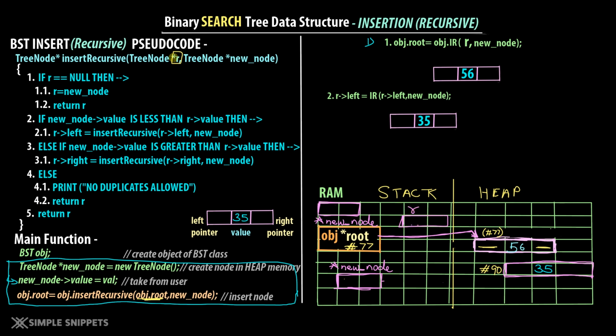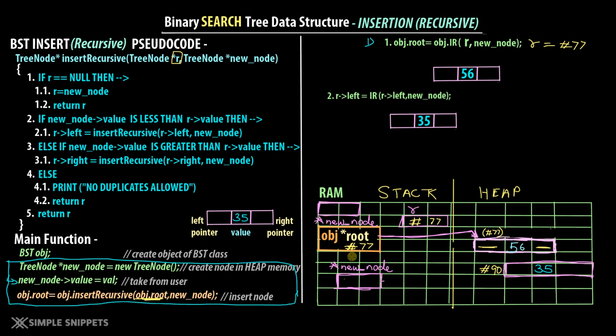This is a local pointer which will only be alive inside this insert recursive function, so the scope will be limited to it, and this R will be equal to obj.root. What is there inside the root of the BST object? It is hash 77. So hash 77 will be stored inside R, right? So R will have hash 77.